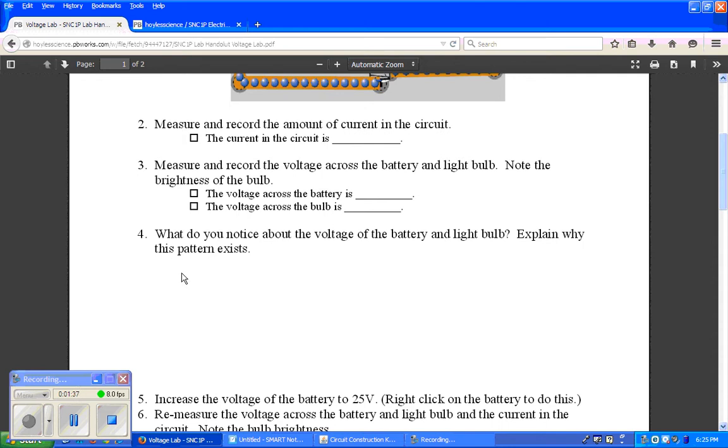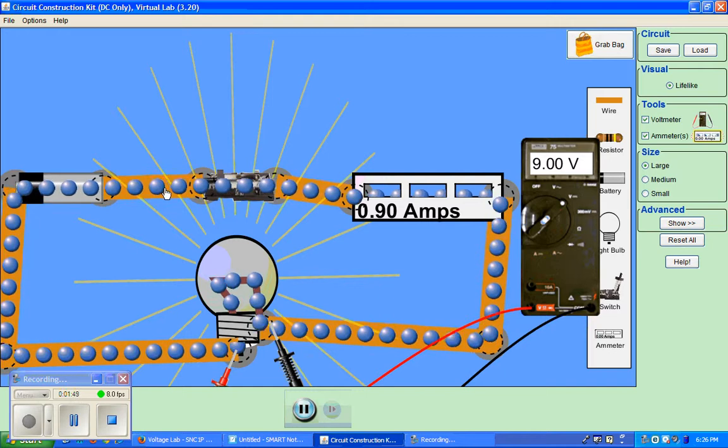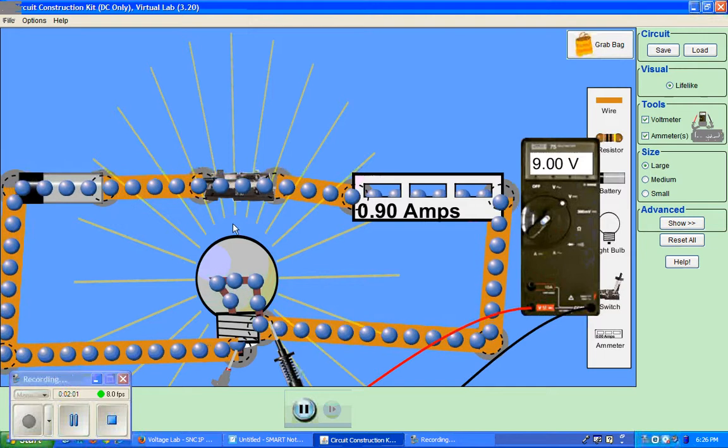Question 4, what do you notice about the voltage of the battery and light bulb? Well, they're the same. Explain why this pattern exists. What you've got to think about is that the electrons coming out of the battery have energy, because the battery is a power source for the circuit, and then the electrons passing through the light bulb are providing the energy so the light bulb can light up.